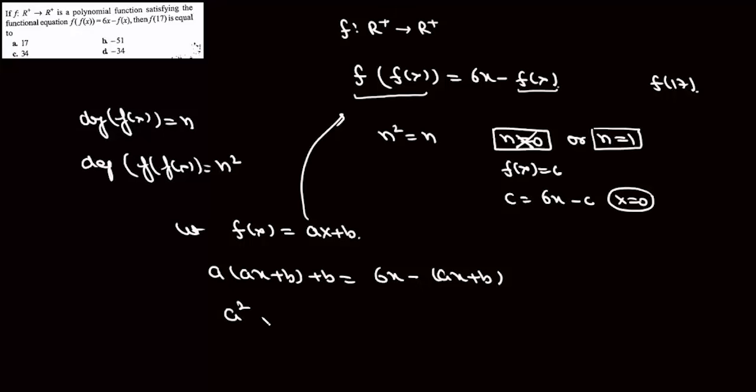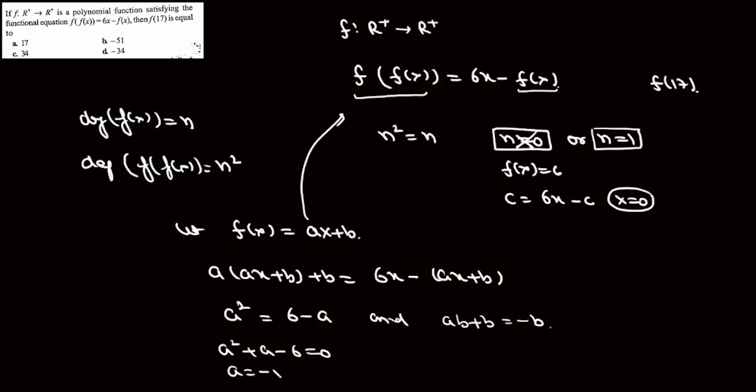We'll get a square equals 6 minus a, and we'll get ab plus b equals minus b. So it will be this a square plus a minus 6 equals 0.